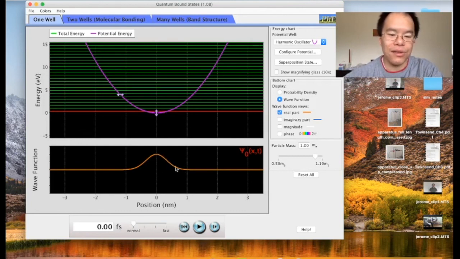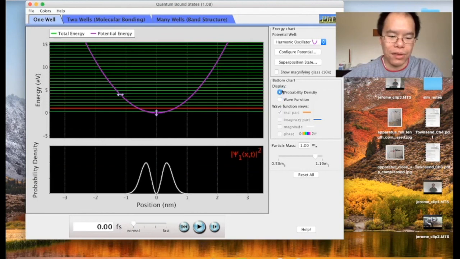It turns out that this has the form of a Gaussian function. I think you can find the first couple of energy eigenfunctions tabulated in Townsend. So let's jump up to the first excited state, which happens to be psi sub 1. Notice that this now has odd symmetry, like we might expect.